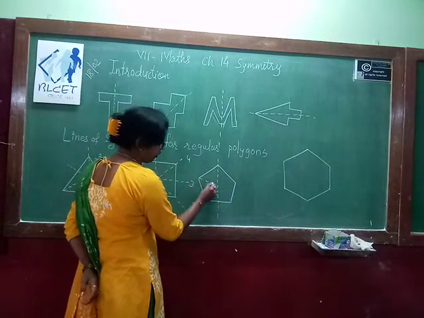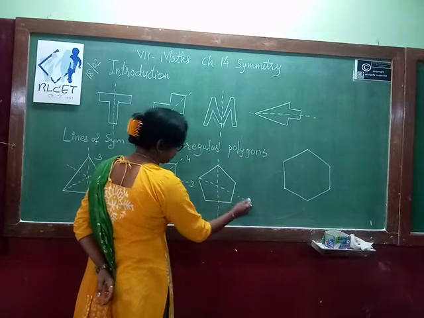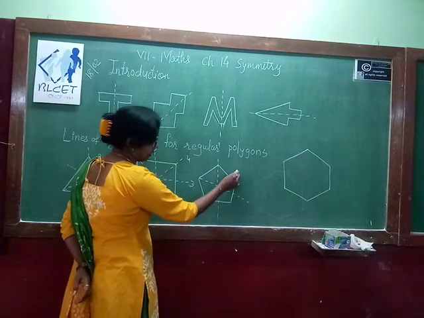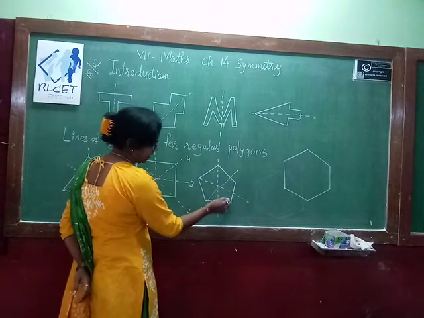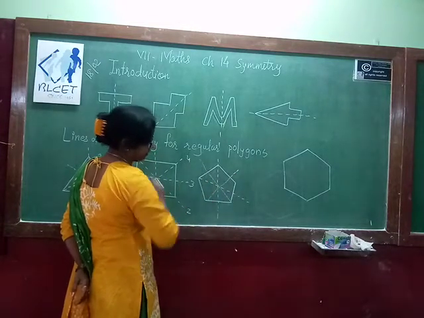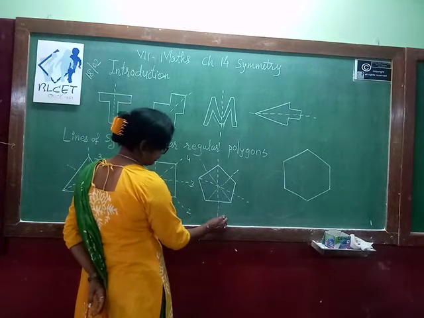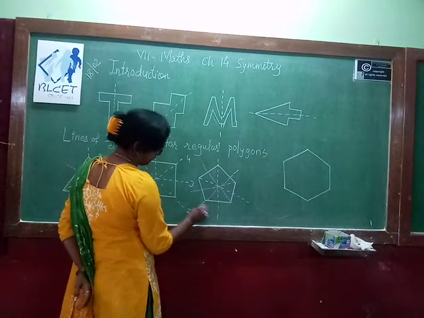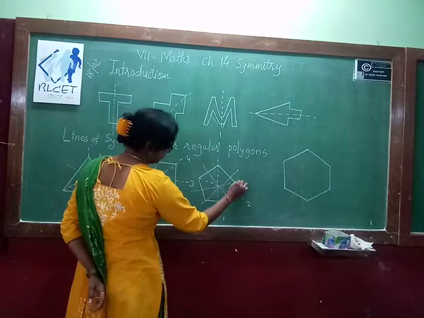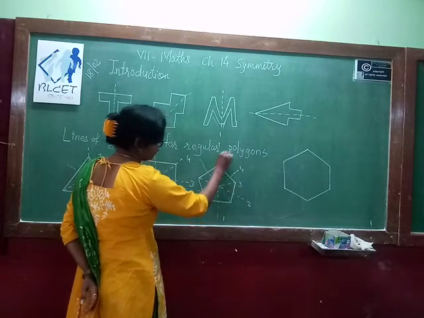From here, if you draw, these two parts are identical, and same way like this. This way we get 5 lines of symmetry: 1, 2, 3, 4 and 5.